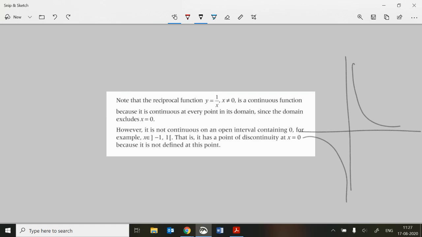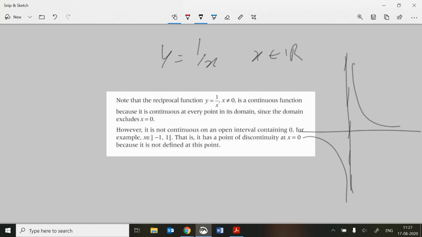Well, it is a continuous function, because we're taking out x is equal to 0. Now, if you said y equals 1 over x for all real values, first of all, it wouldn't be a function because it wouldn't be defined for this value here, okay?